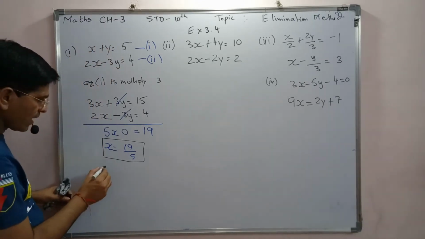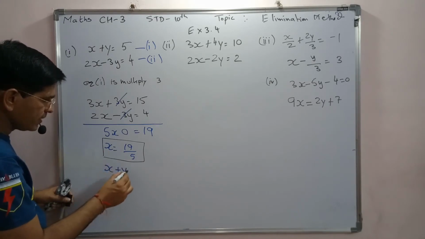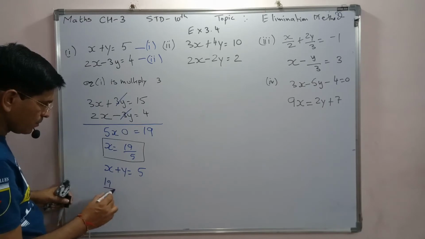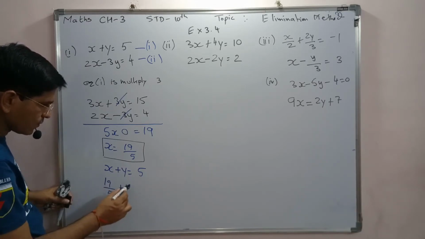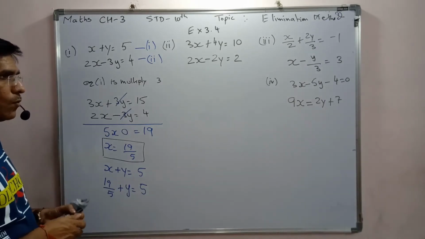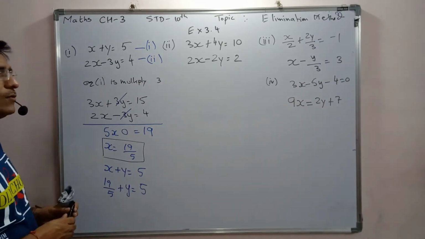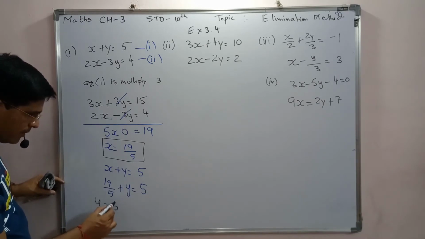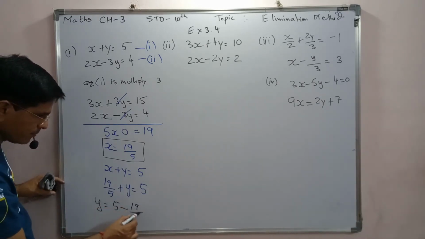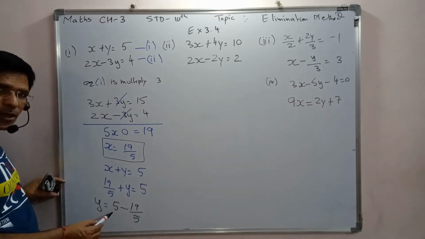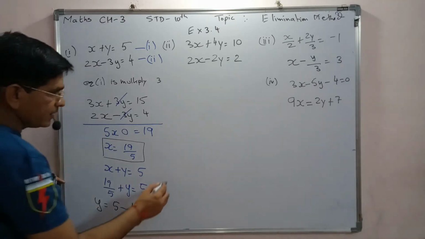So 19 by 5 plus y is equal to 5. Now if we want to go further in the calculation, y is equal to 5 minus 19 by 5.